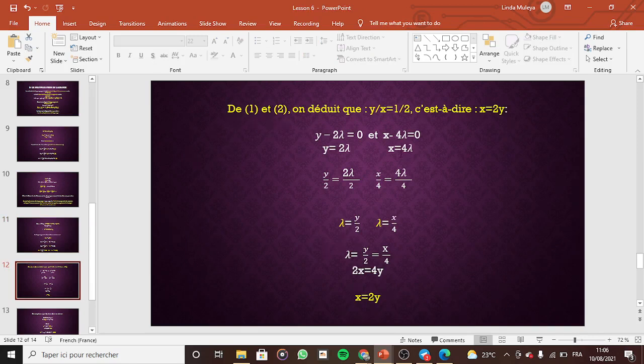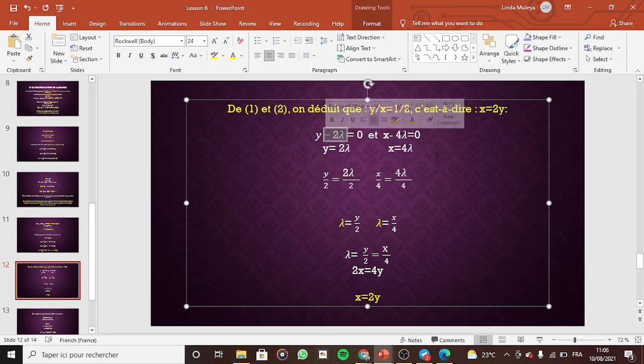So what we'll do is we will take this part here and take it to the side where we have 0 so that y becomes the subject of the formula. Voila. And we'll do the same for x. We will take our negative 4 Lagrange to the side where we have 0 so that x becomes the subject of the formula. Let me separate this.